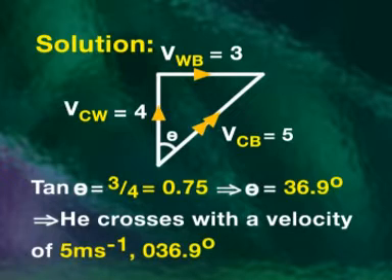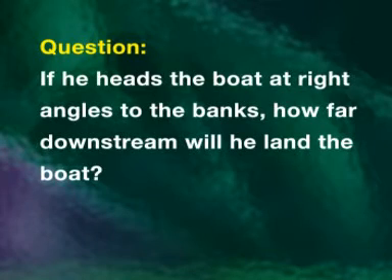It implies that he crosses with a velocity of 5 meters per second in the direction 36.9 degrees. Let's try another question. Assuming he heads the boat at right angles to the banks, how far downstream will he land the boat?